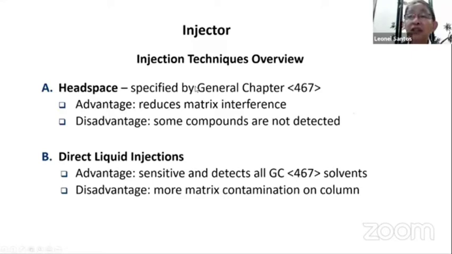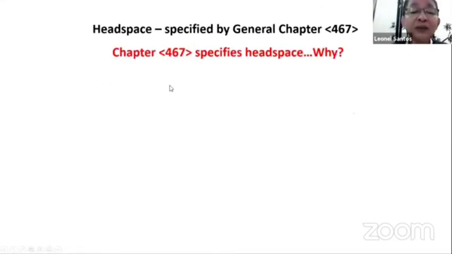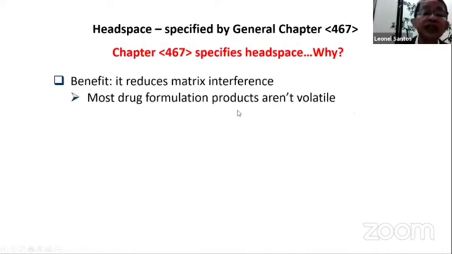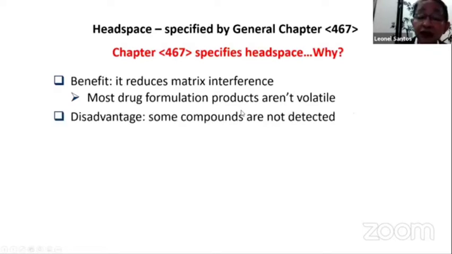So injection can be split, non-split. So headspace is specified in the General Chapter 467 in USP because, again, like I mentioned, it reduces matrix interference. So most of the drug formulation products are not volatile. So it is a good instrument to use.